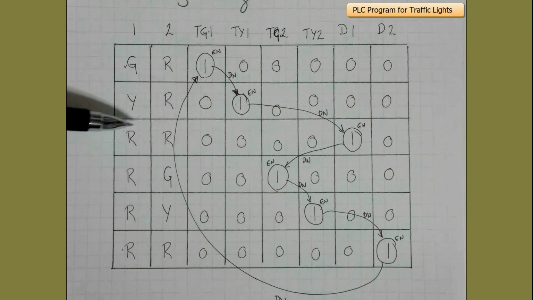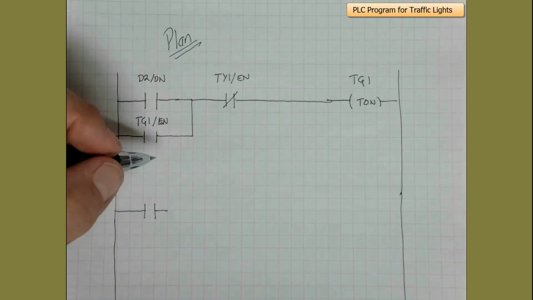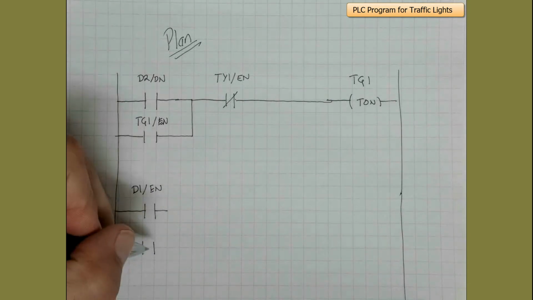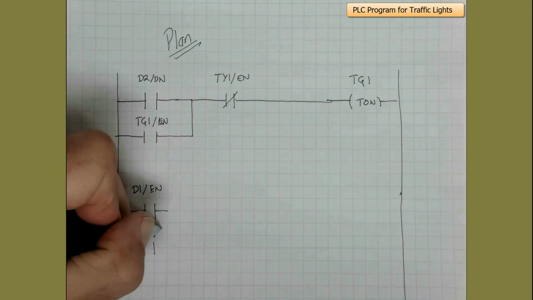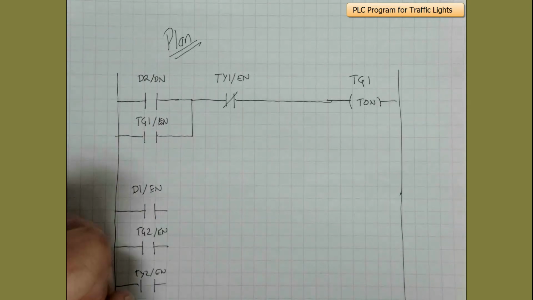If I was just to take a look at the most complex version, which is red for traffic light number 1, I would have D1 enabled, then TG2 enabled, TY2 enabled, and D2 enabled.